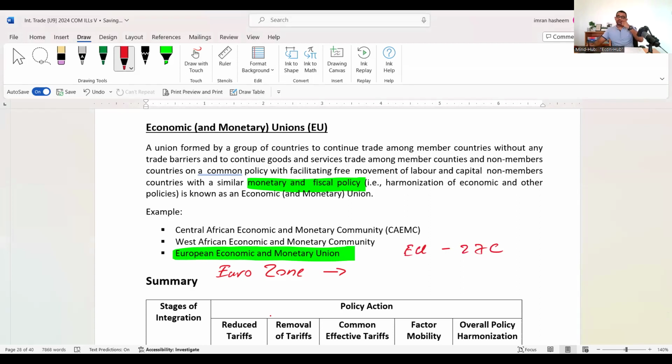What is the Eurozone? All of you are aware there is a common currency that they use. What is it called? Euro. The common currency is called Euro in the European region. Do you think that all 27 countries use the Euro?